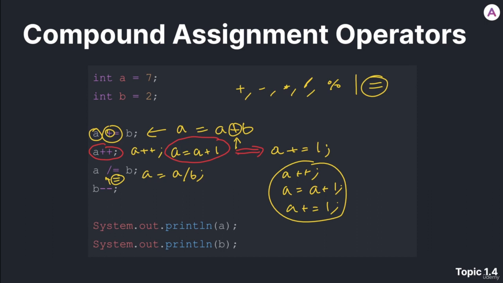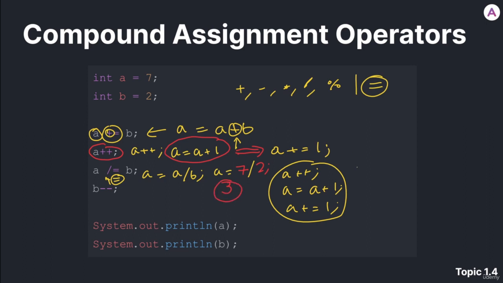So A equals A divided by B. Knowing that A is 7, A equals 7 divided by B, and B is equal to 2. We see that this is an integer, so the output of an integer division would just yield 3. So A is equal to 3.